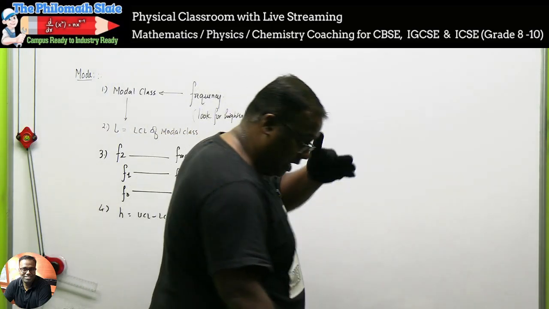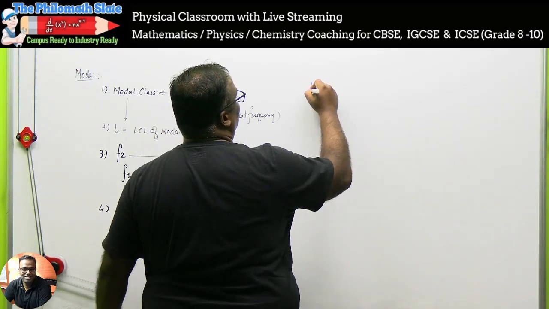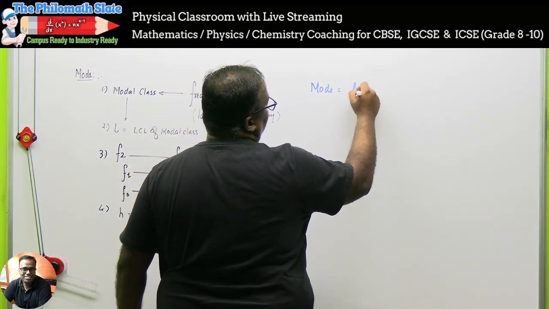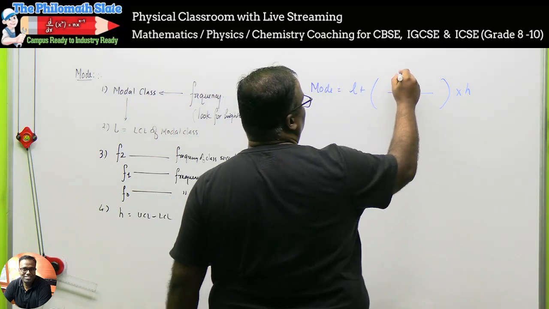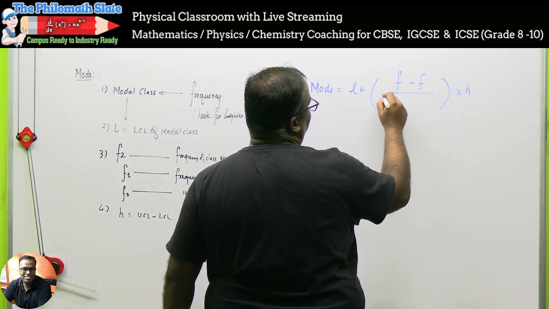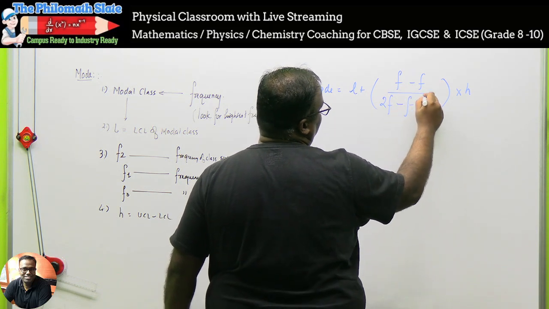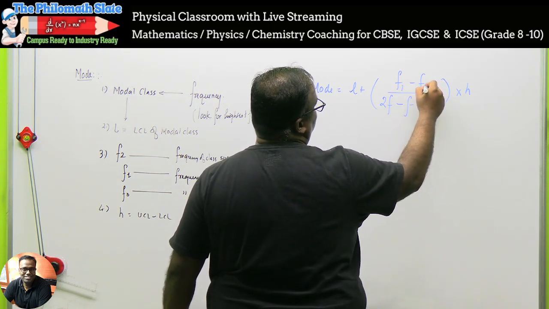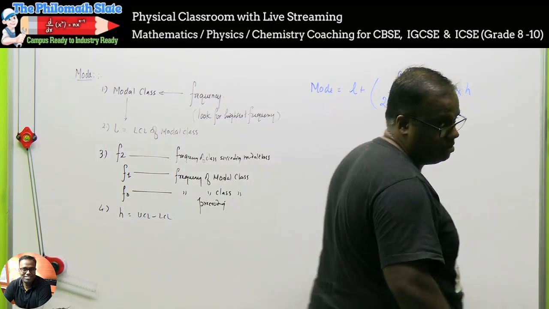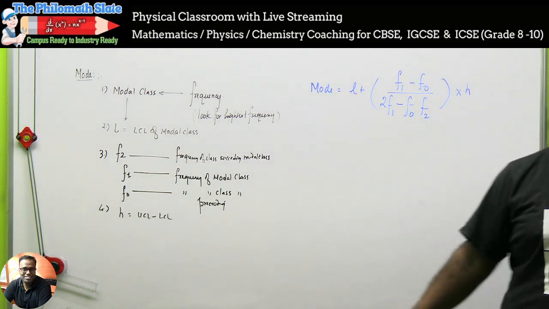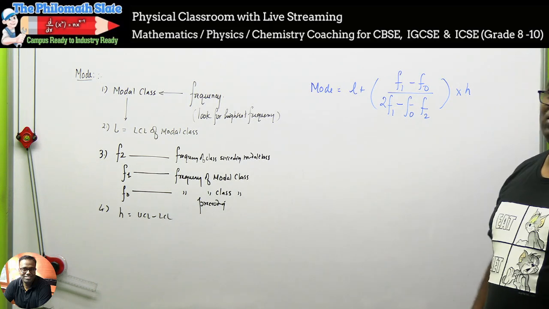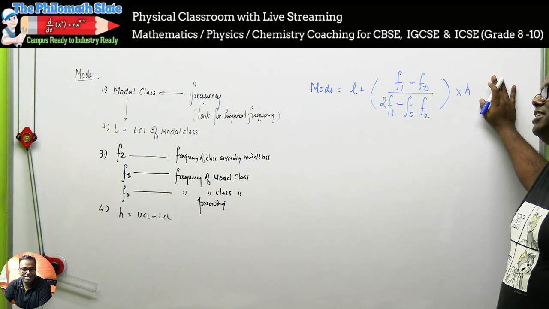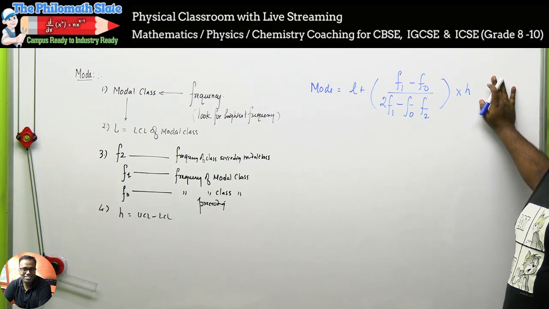If that be the case, we are ready to find our mode, which equals L plus some arrangement into h. We always write f1 minus f0 over 2f1 minus f0 minus f2. That's it, your mode is done. It is so easy, so why take so much tension about statistics?